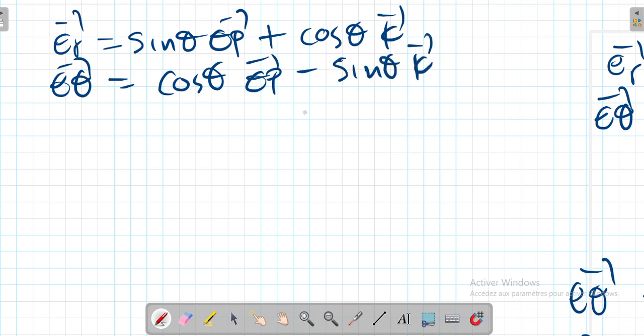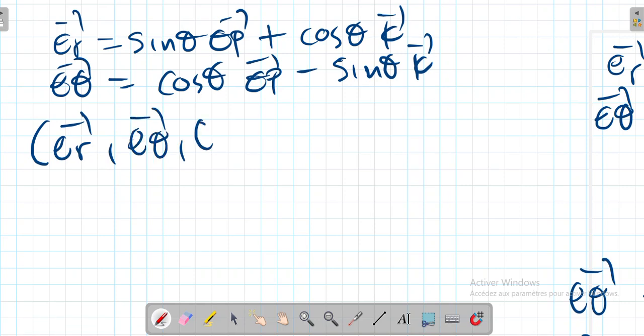These are the most important vectors that you need to find. The unit vectors for the spherical coordinate system are ER, E theta, and E phi, which means you have to know how to find expressions for ER, E theta, and E phi. So we found ER, and from its derivative with respect to theta we find E theta.